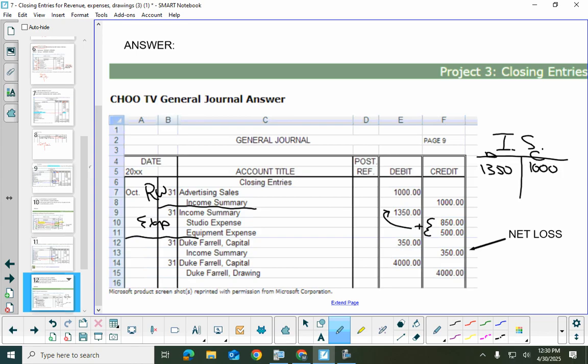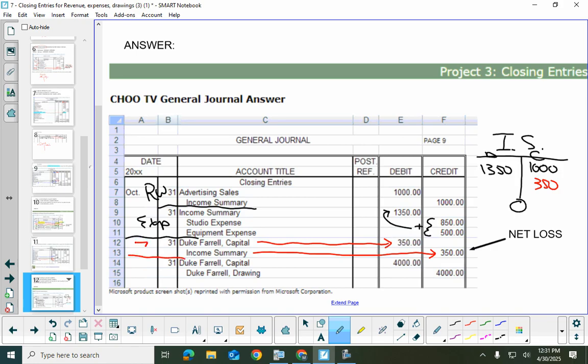To make it equal 0, which column do you put the 350 in? There, right? So that this is 1,350 and this is 1,350. So I am going to credit income summary 350. So the matching debit goes to capital.